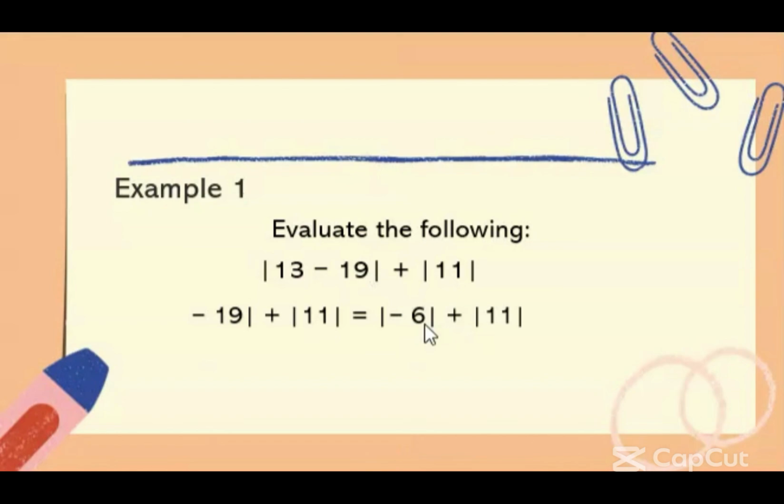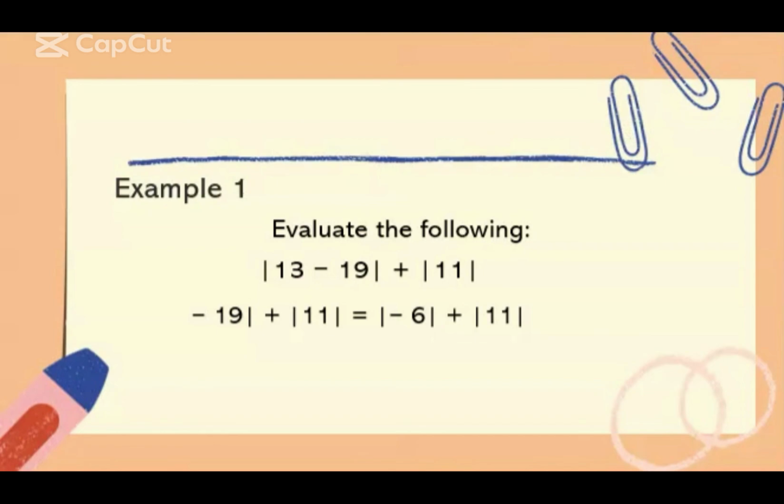Hindi pa natin ginagawa yung absolute value. Kasi, sabi ko nga, uunahin natin yung operation na nasa loob. So, the absolute value of negative 6 plus the absolute value of 11. What is the absolute value of negative 6? 6 po.